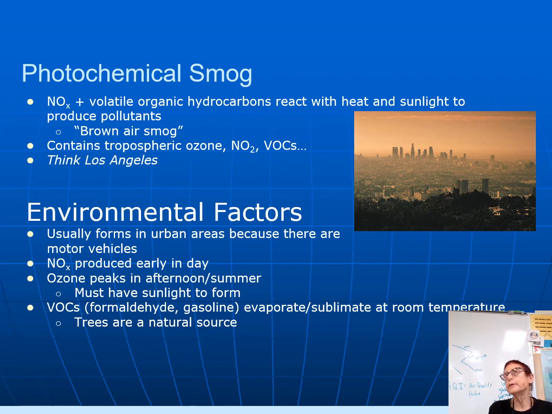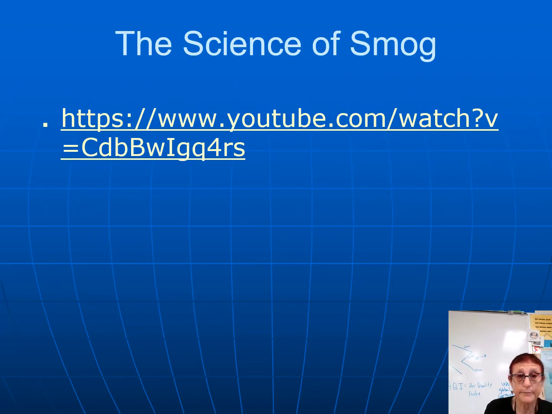When you think photochemical smog, I think the first thing that comes to mind for most people is Los Angeles. LA is in a basin, right? And that orange haze that you see is very indicative of those conditions of photochemical smog, and that's because of the nitrogen oxides in the air. NO2 is kind of a brownish, amber-colored gas that is there.